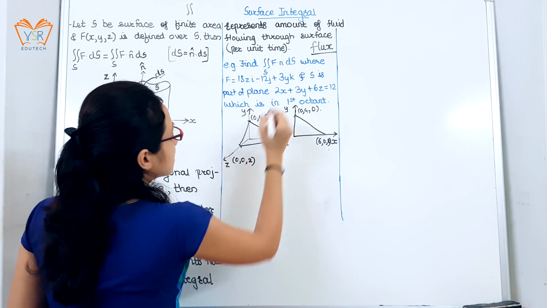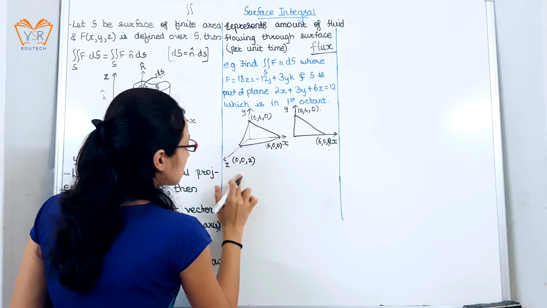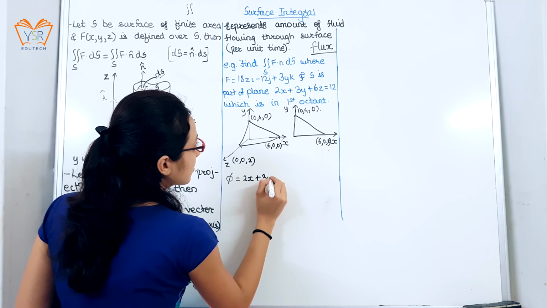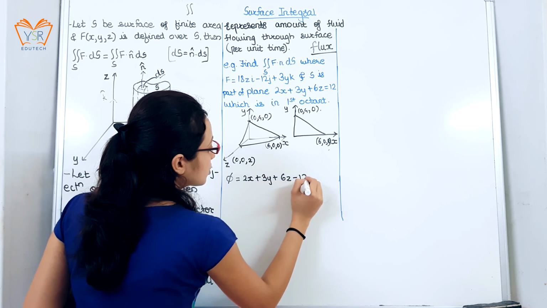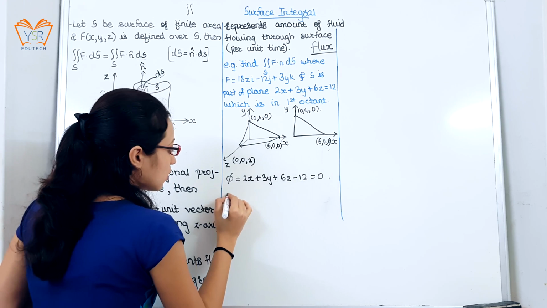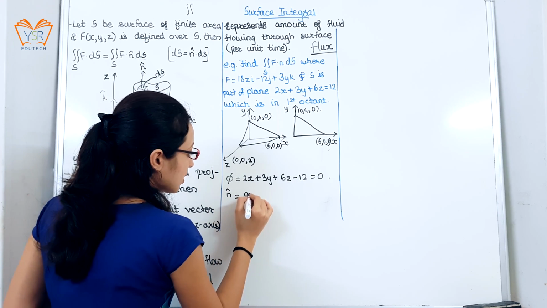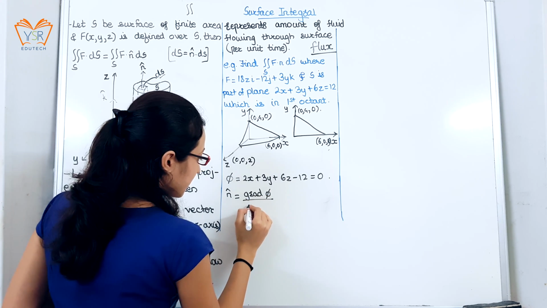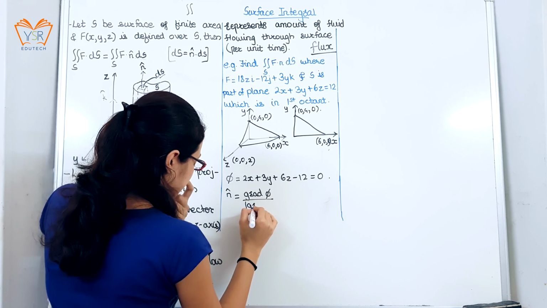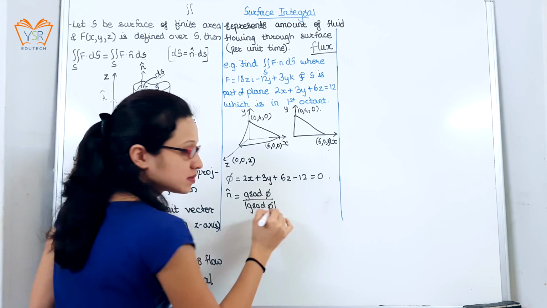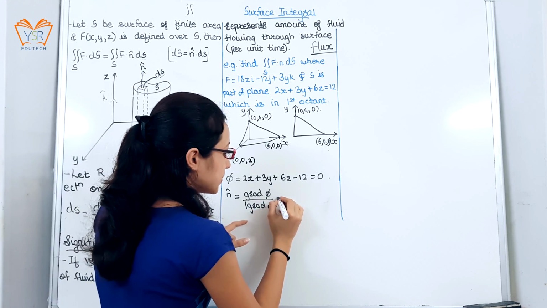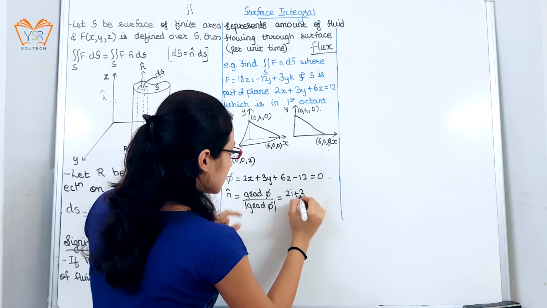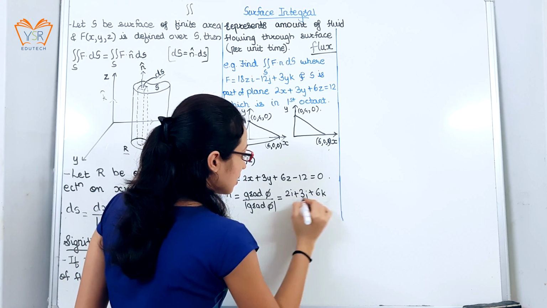Before that, consider this equation as phi equal to 2x plus 3y plus 6z minus 12 is equal to 0. We know how to find the unit normal vector. It is grad phi divided by the magnitude of grad phi. So we get 2i plus 3j plus 6k.